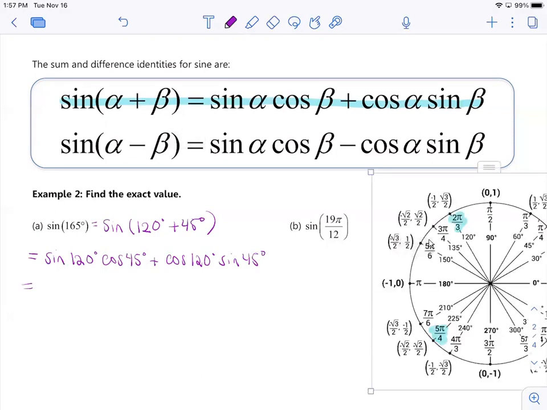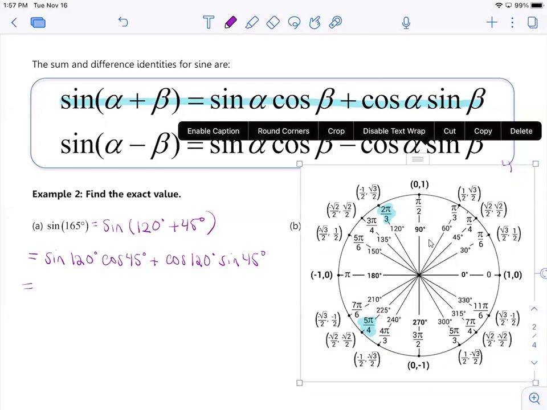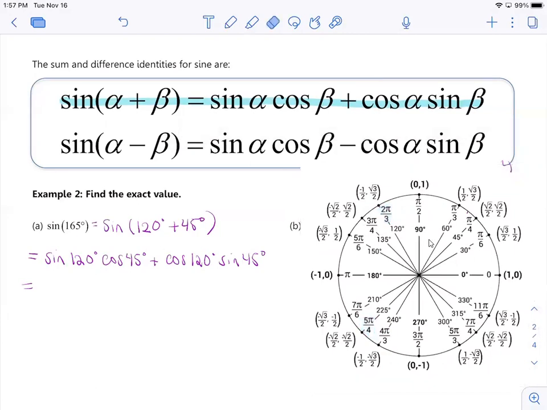Hopefully it's memorized, but I'm going to use it as a teaching tool. I'm going to focus my attention on the two angles I chose, which are 120 and 45.